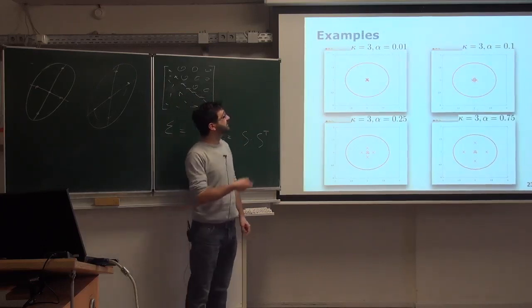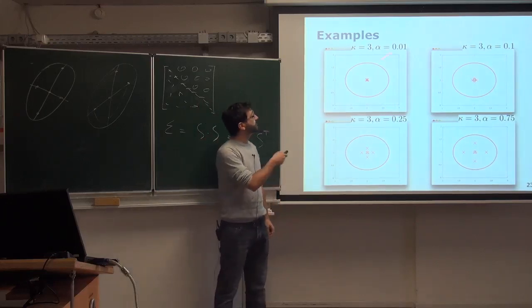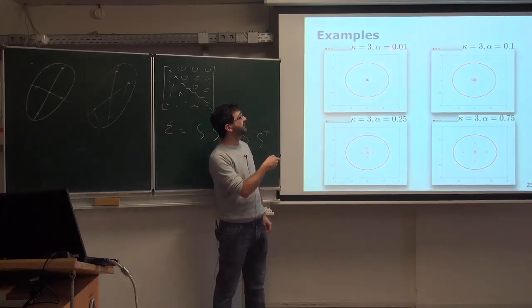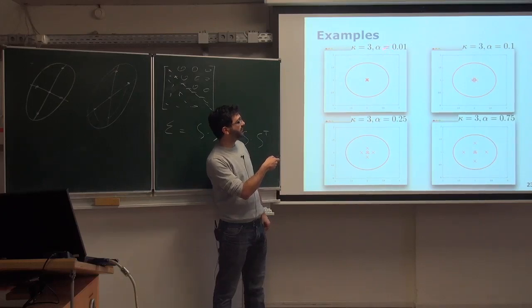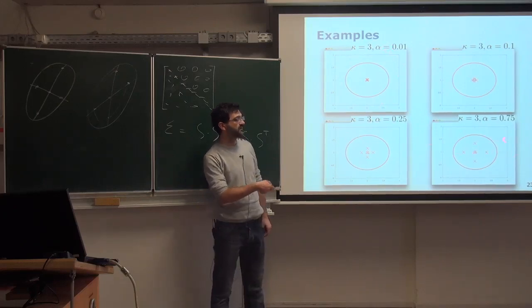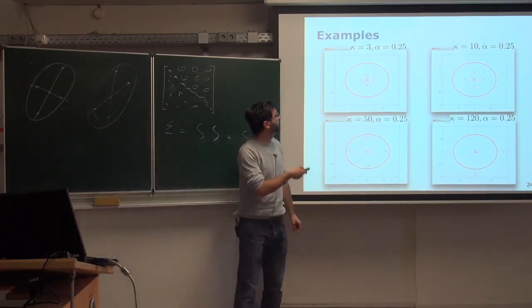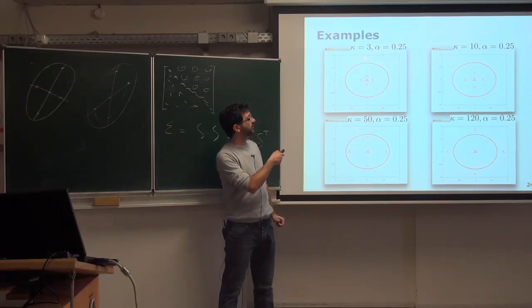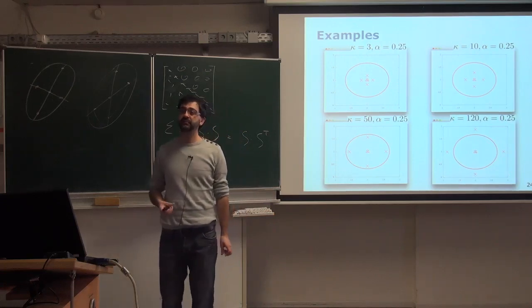Here you can see an example of how these values modify the distance of the sigma points. If you keep kappa at a fixed value, let's say 3, and you play with alpha, the bigger alpha is, the more these points are spread around the mean. If you instead keep alpha fixed and you move kappa, the bigger kappa is, the further away these points get from the mean.